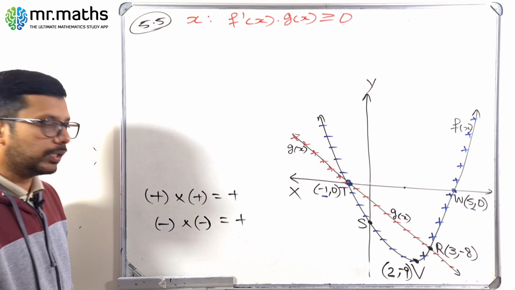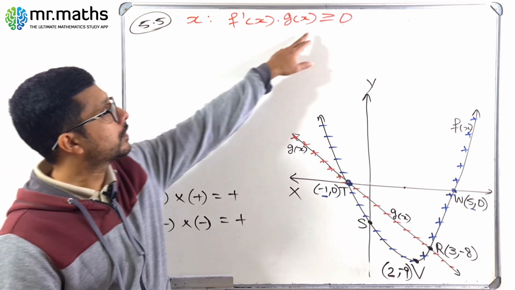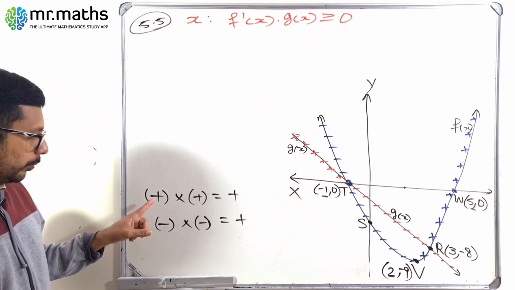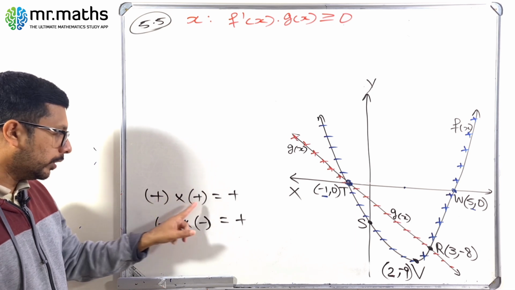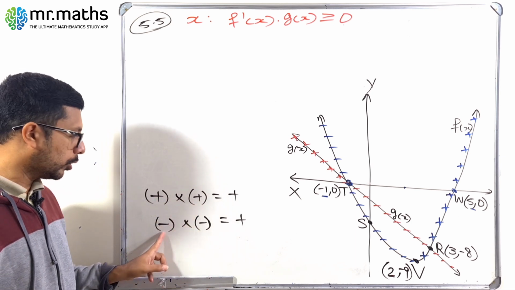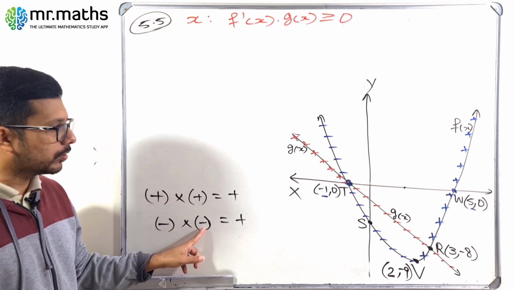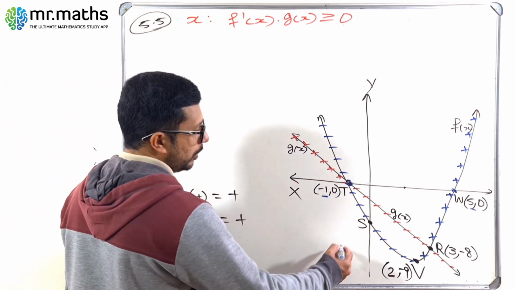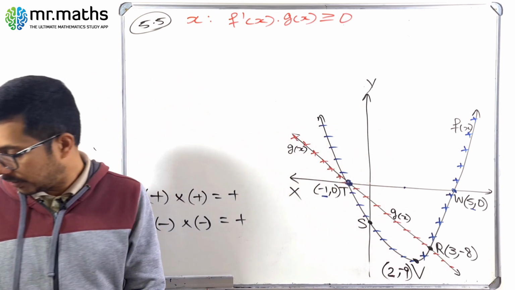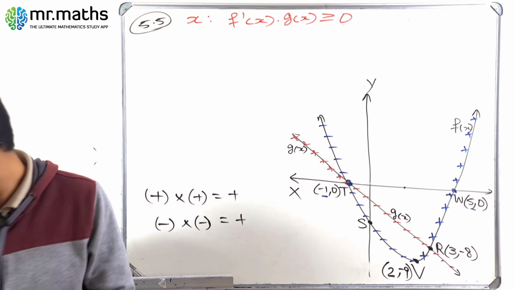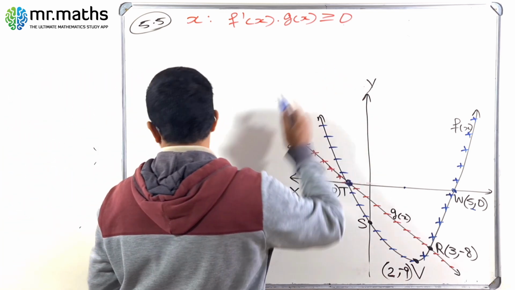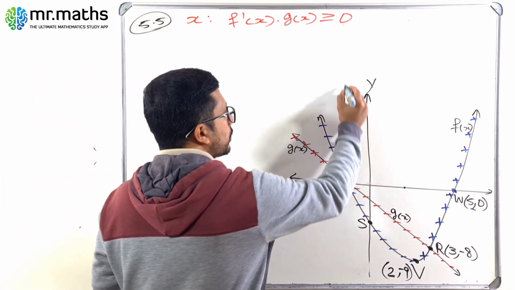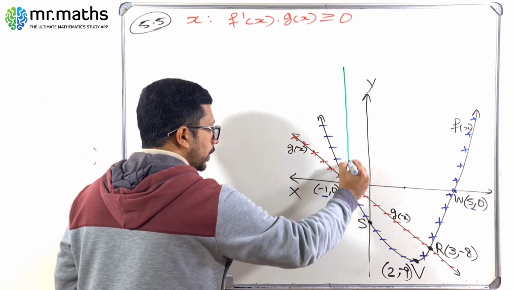So if you want to get a positive answer, greater than or equal to 0 means positive, either both the graphs must be positive or both must be negative. So here, in this space, let me draw with a green color.